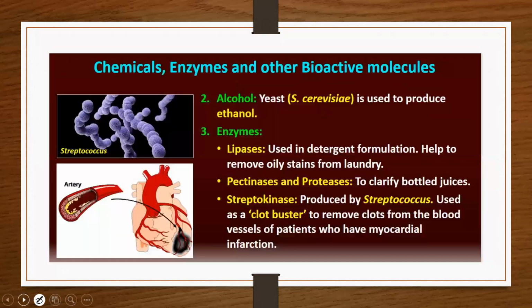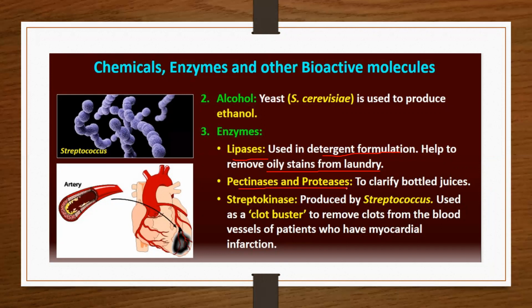Now let's talk about enzymes. The different enzymes are lipases, used in detergent formulation, which helps to remove oily stains from the laundry. You have seen the advertisements also. You put this detergent and all the oil stains are removed. So actually lipase is added into it.